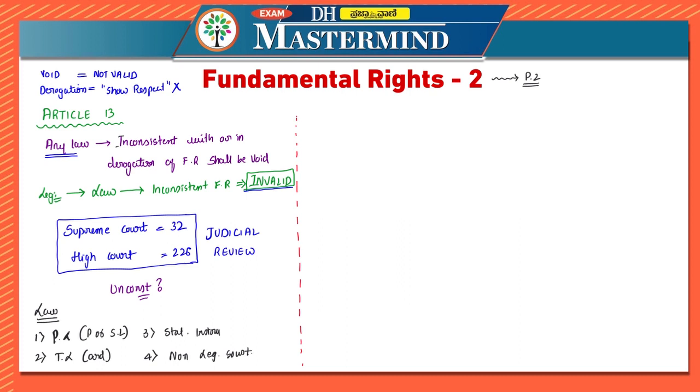That is, law itself has a broader definition. So any of these which is inconsistent with any of the fundamental rights can be declared as invalid by the court. Now, in this law, we have seen that there is a variety of definitions, but what if there is an amendment?